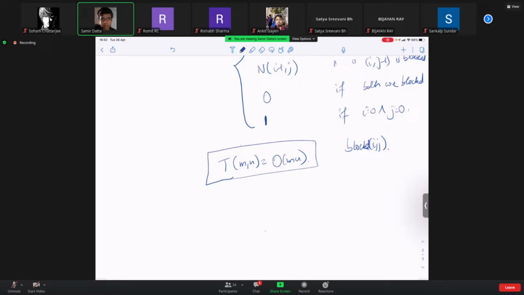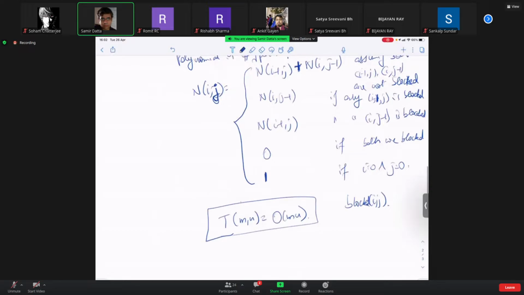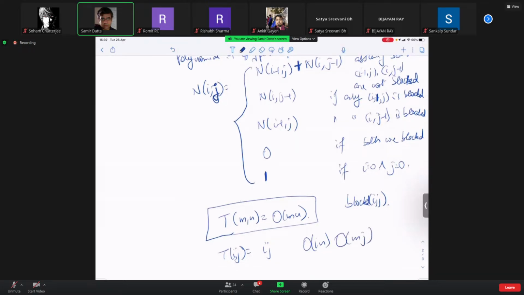Correct? Now if you do it in diagonal order, then T i comma j is equal to order I comma j. Otherwise, if you do it in row major order, then you would get order I times n, and in the other you would get order m times j.